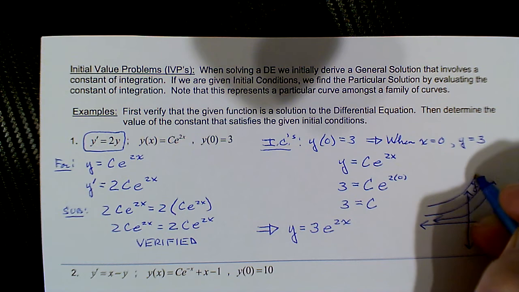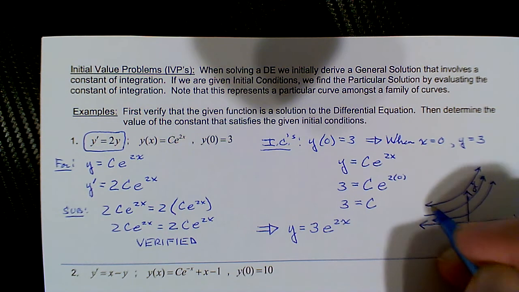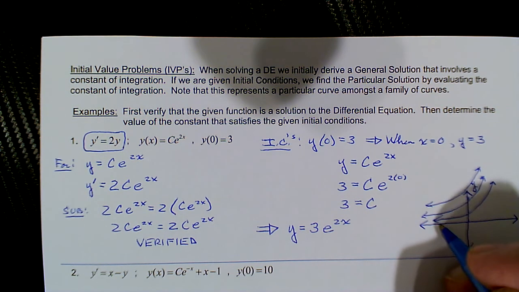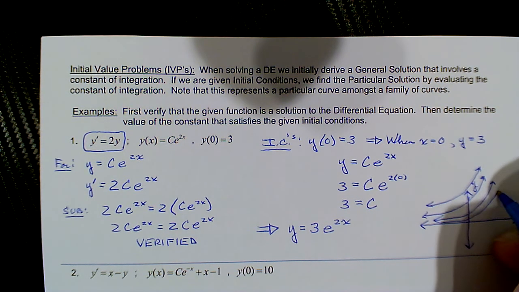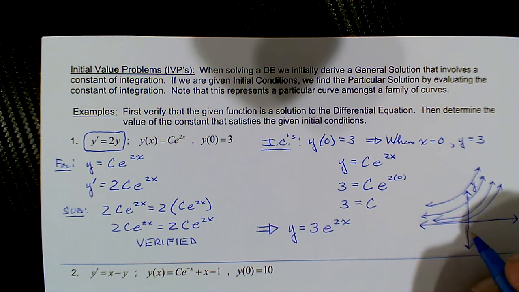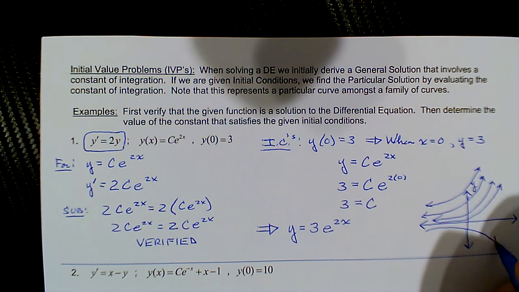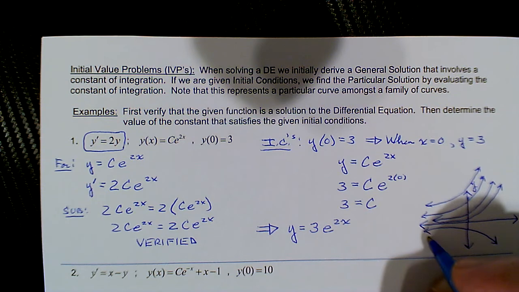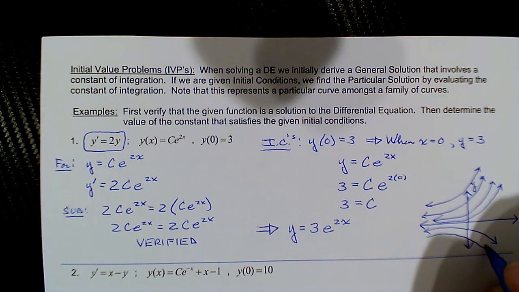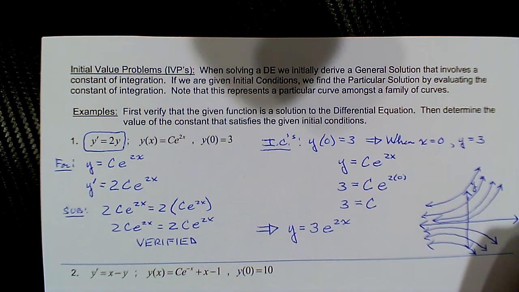All these different graphs. And you could have the opposites actually. If c is negative, they'd be reflections. So all the different graphs that take the form of c e to the 2x.